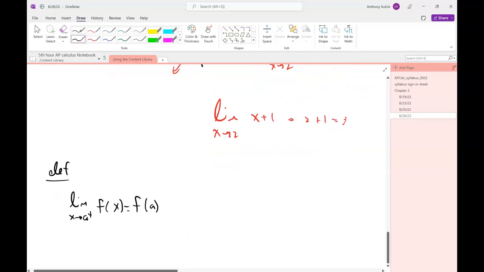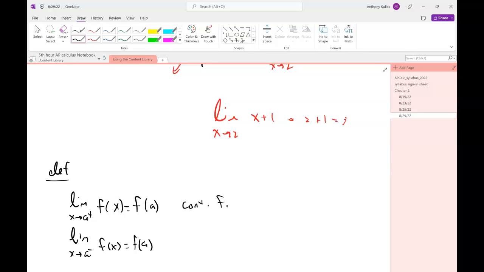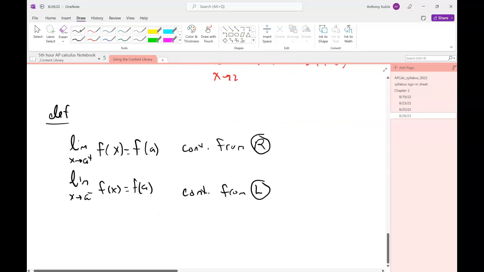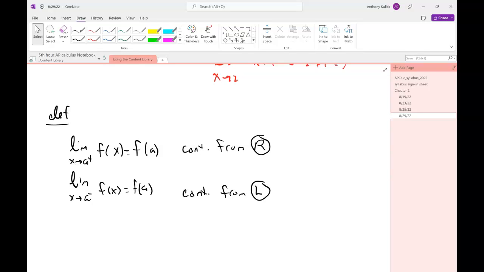Or you can have continuity from the left. Where would continuity from the right or continuity from the left become particularly important?